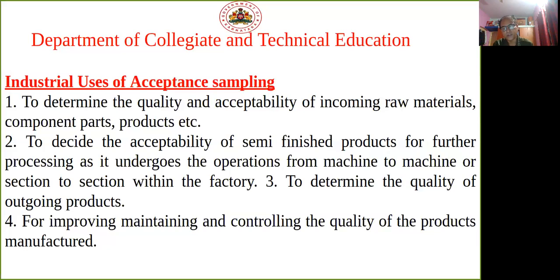If during manufacturing you find any mistakes in the output, the quality control inspector will immediately inform and control the whole process, so that at the end he gets the quality of the products. So the quality of the products can be improved as soon as the process goes wrong. That is the industrial uses of acceptance sampling.